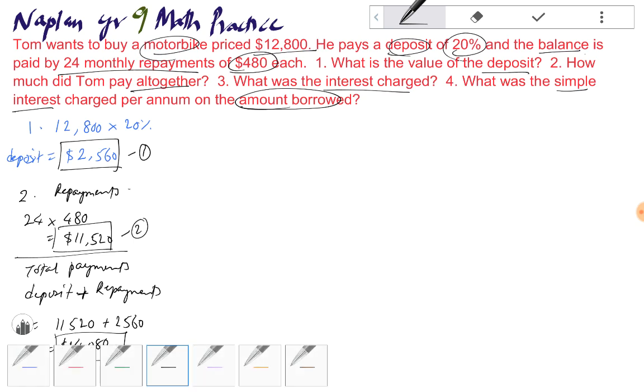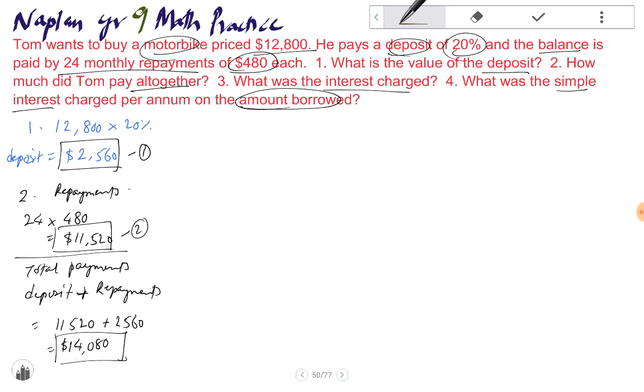Okay, let's look at number 3. Problem number 3, what was the interest charged? So the interest charged would be the total payments minus the motorbike price.